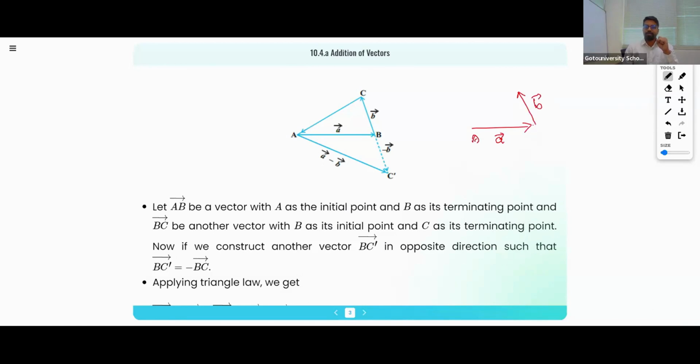So this is represented by AB, and we know this is in order.